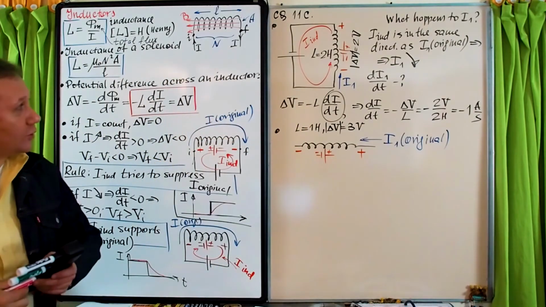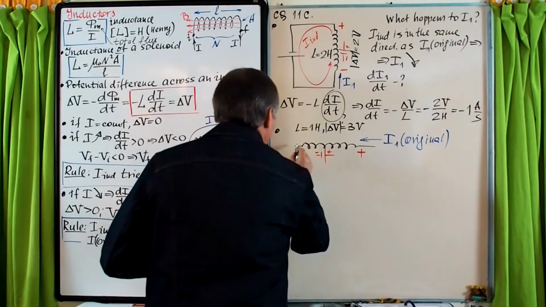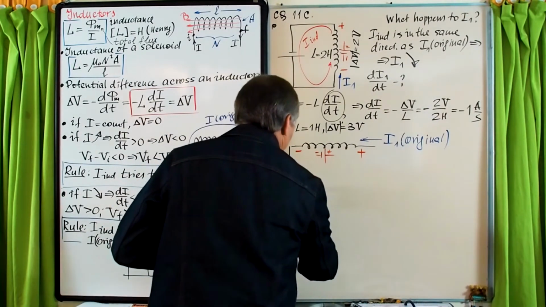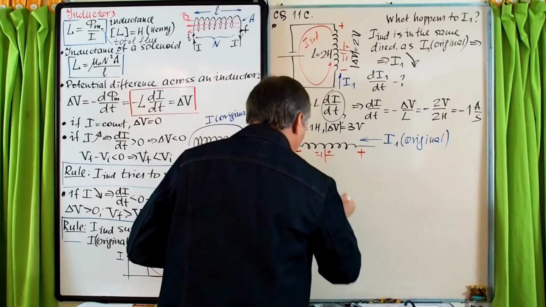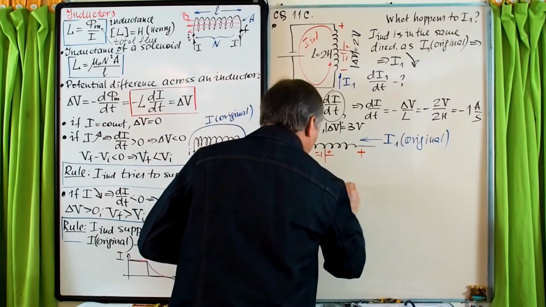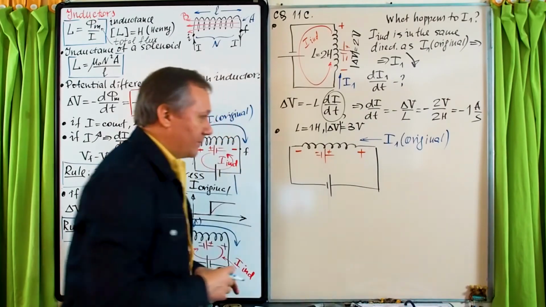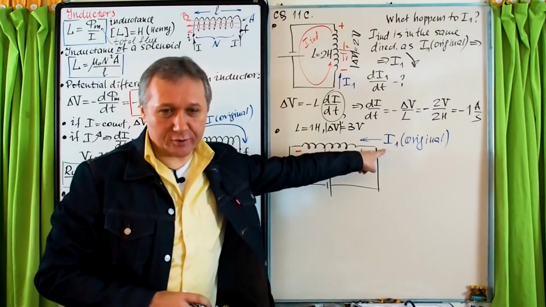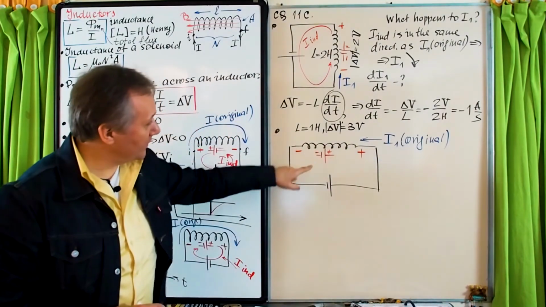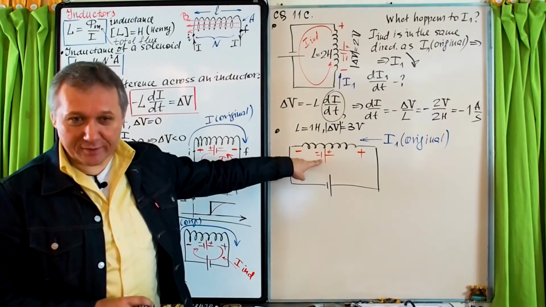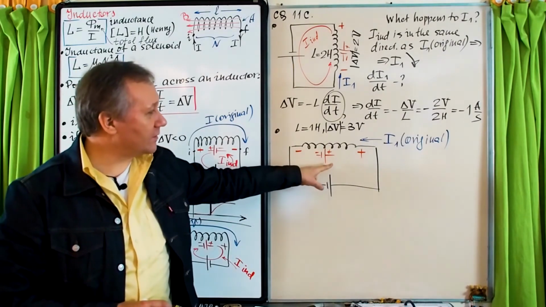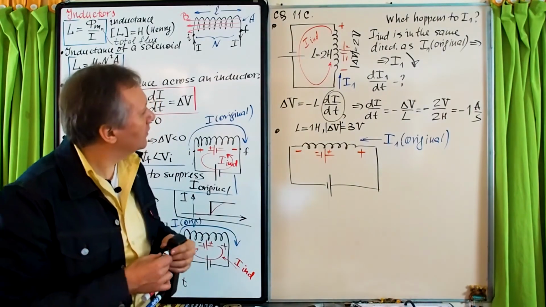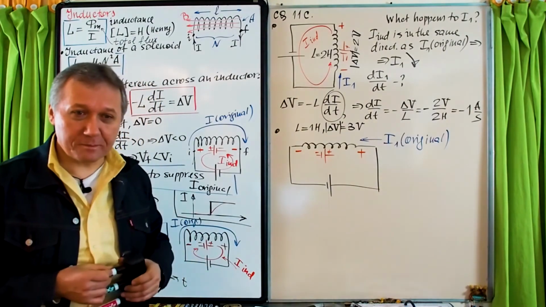And again, let me also complete this circuit, right? So let's assume that this battery produced the original current. Now this effective battery of this solenoid will drive the current in which way?